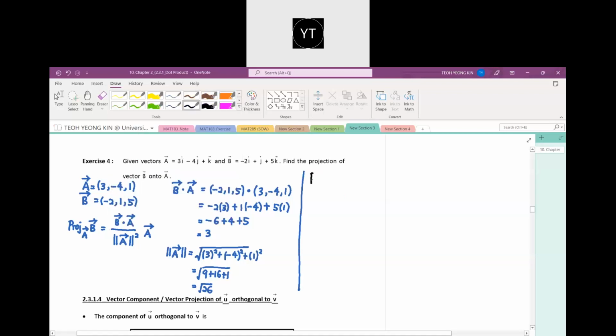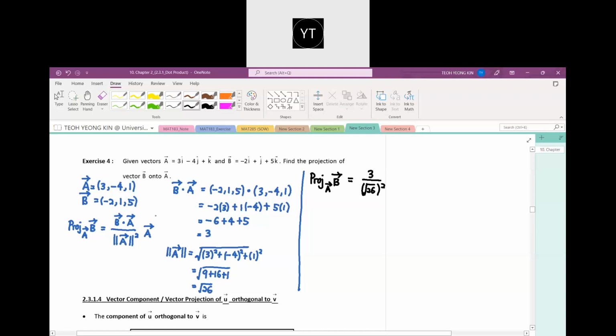Projection of vector B onto vector A. So the formula will be the dot product of vector B and vector A, which is 3, over the magnitude of A, which is the square root of 26, but don't forget we have square here, power of 2.